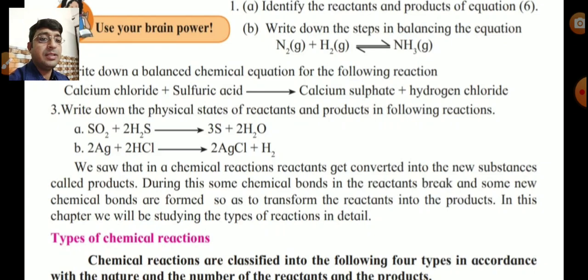During this, some chemical bonds in the reactants break and some new chemical bonds are formed so as to transform the reactants into products. In this chapter, we will be studying the types of reactions in detail.